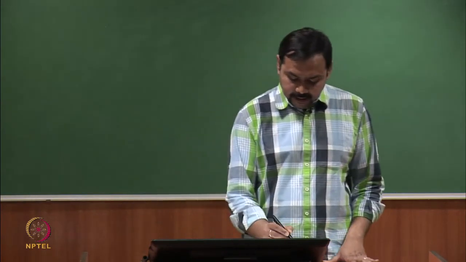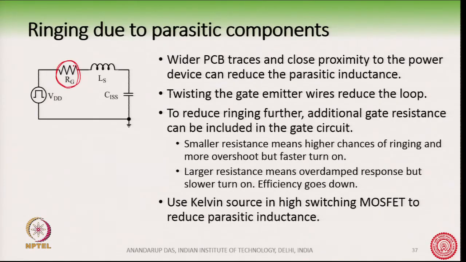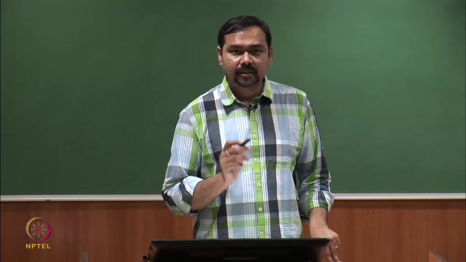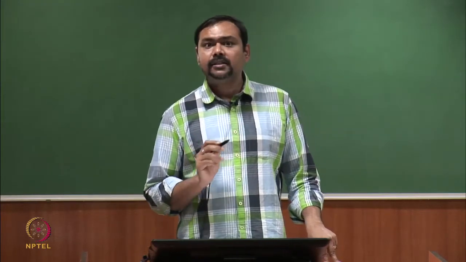Basically if you increase this value here, by increasing the gate resistance, this system will go from an underdamped to a critically or overdamped system. And so, smaller resistance means higher chances of ringing and more overshoot, but faster turn on, whereas larger gate resistance means overdamped response, but slower turn on and more losses.